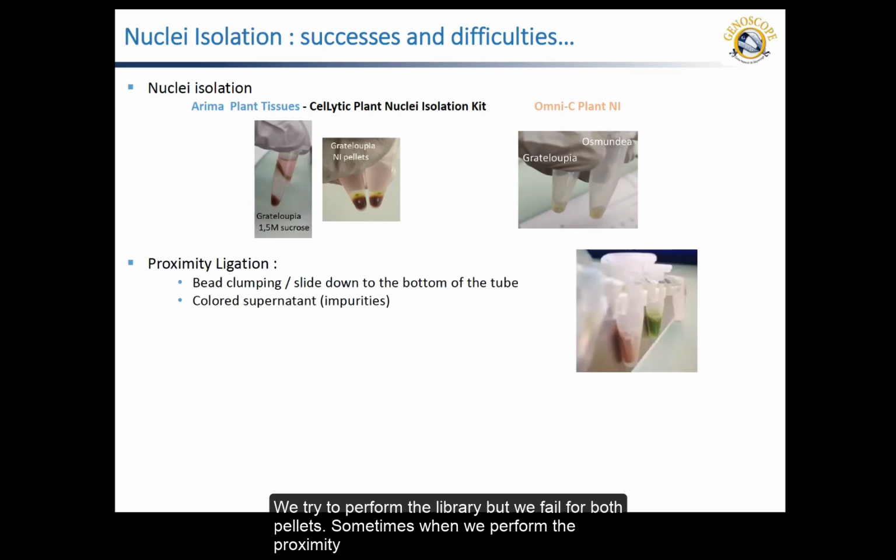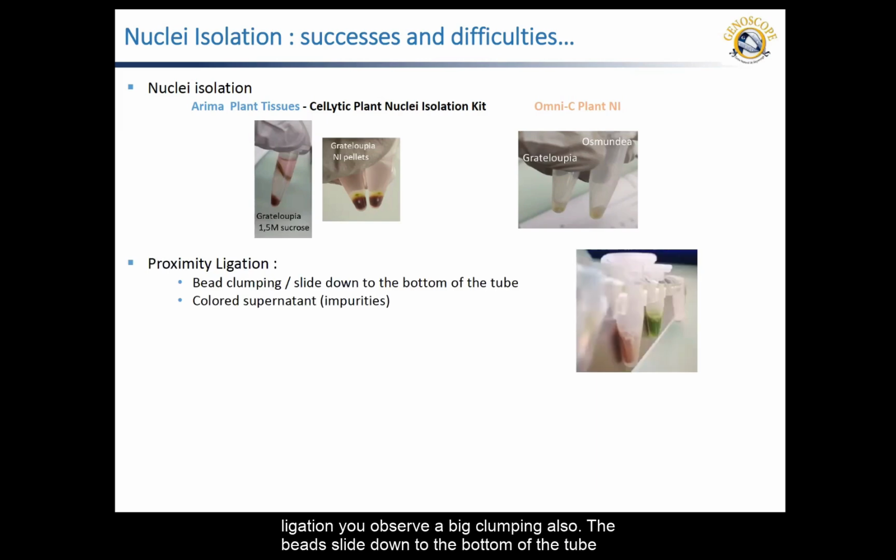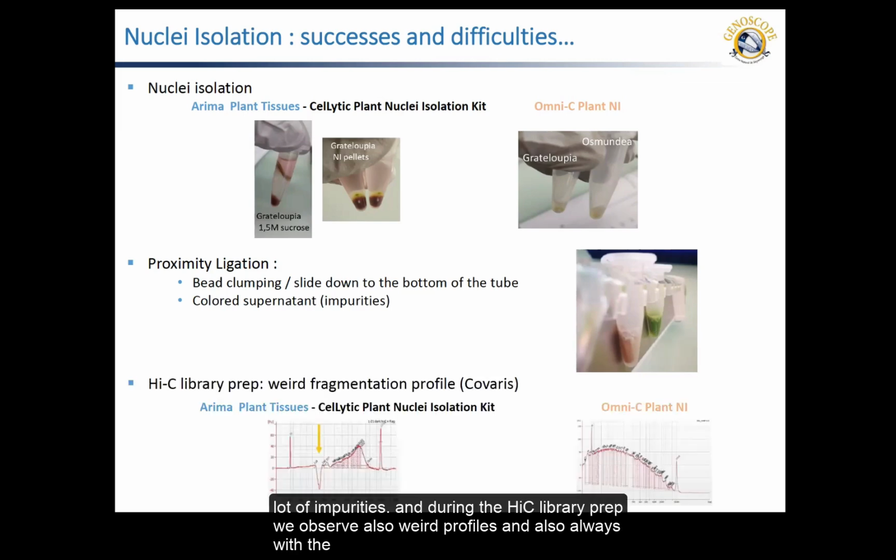Okay. Sometimes when you perform the proximity ligation, you observe a bit of clumping also. The beads slide down to the bottom of the tube, and it's difficult to pipette and to discard the supernatant. You also have the bead clumping, and you also observe colored supernatant, a lot of impurities.